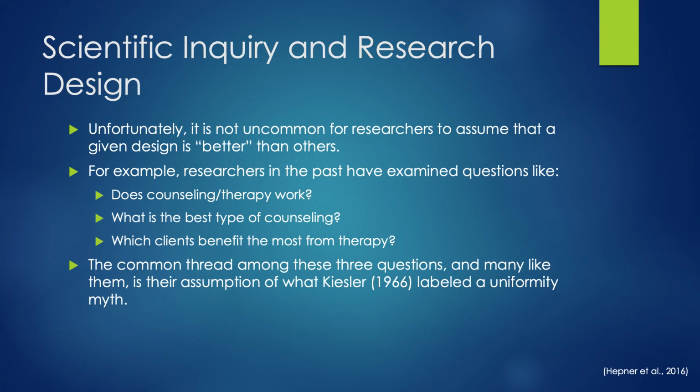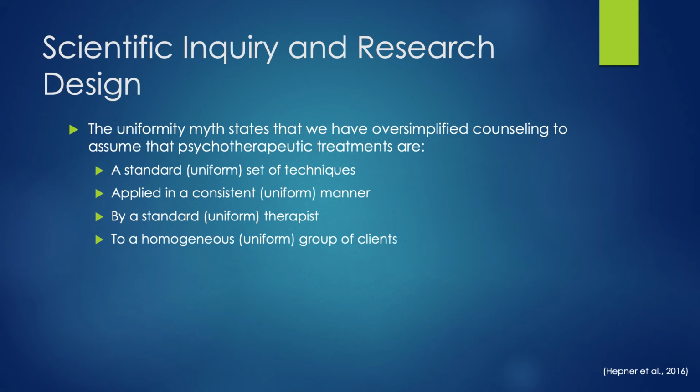Because of this, researchers sometimes go in and try to study these constructs, and I think that ultimately their data will not bear any type of statistical significance. And if it does, then we may have a problem on our hands. There are many different reasons why. So I think that's why you don't see many manuscripts talking about what is the best type of counseling, and that's why we have so many different theories.